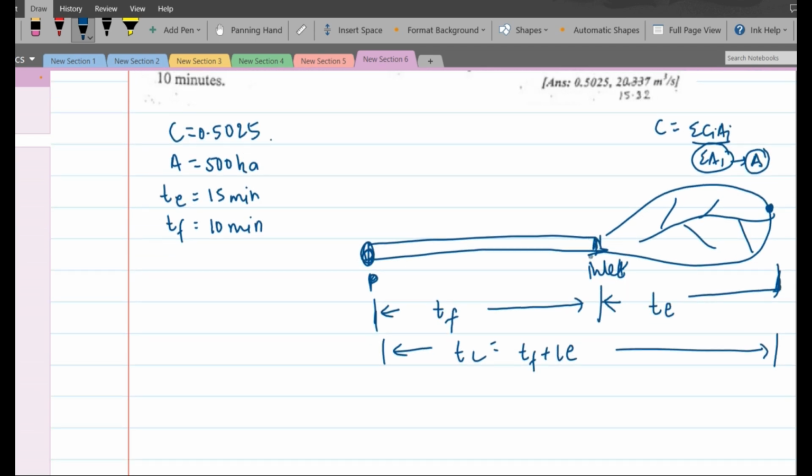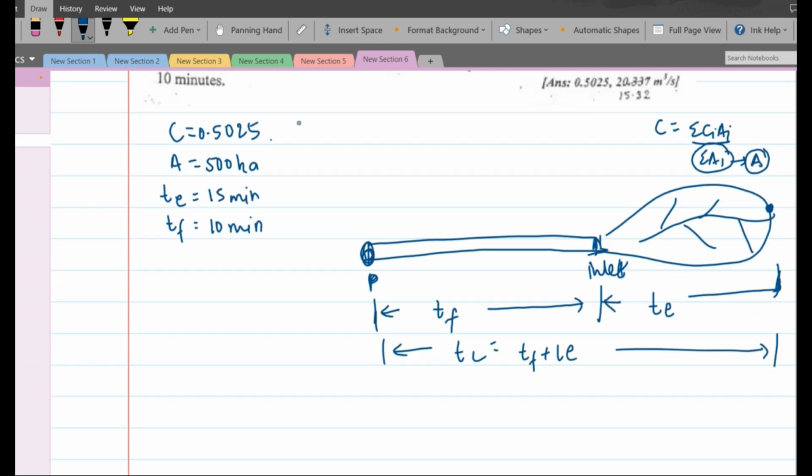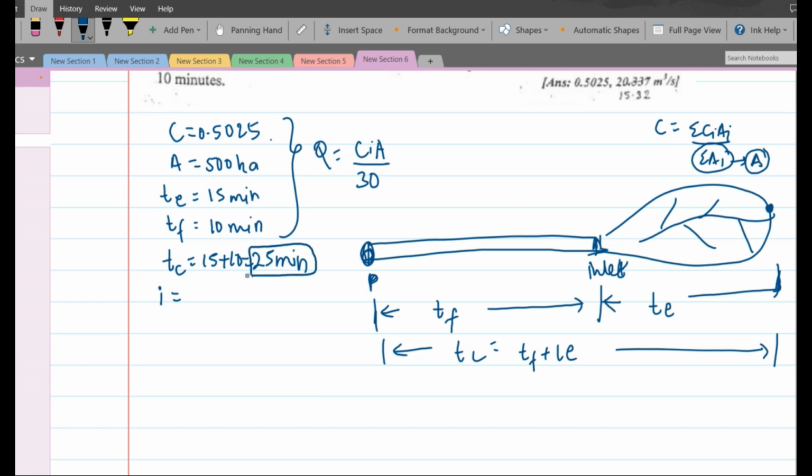Now we need to calculate the quantity of storm water. So Q equals what? CIA by 360. But we know TC equals 15 plus 10, that will be 25 minutes. We need to calculate I, right? So if the TC is 25 minutes, for 20 to 100 minutes, I equals 1020 by T plus 20, right?